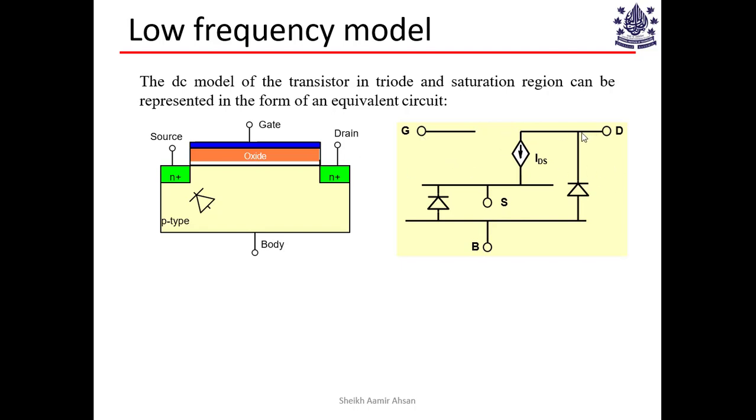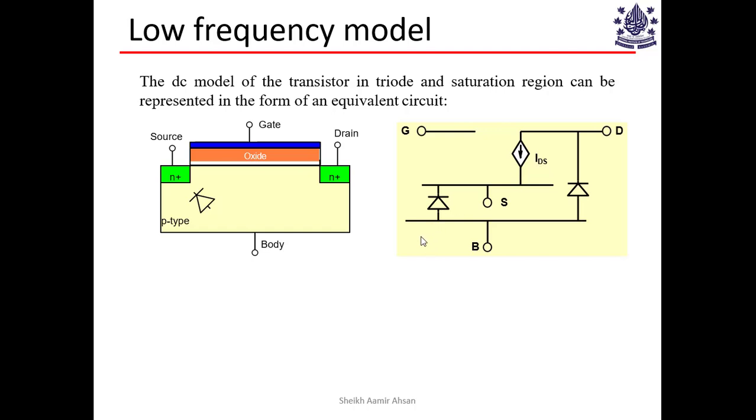What about the drain? There is a current that flows between the drain and the source. That is the only significant current that flows between the drain and the source. And between the drain and the body, we have a PN junction which is reverse biased, which is shown over here. Between the drain and the source, we have a current IDS.